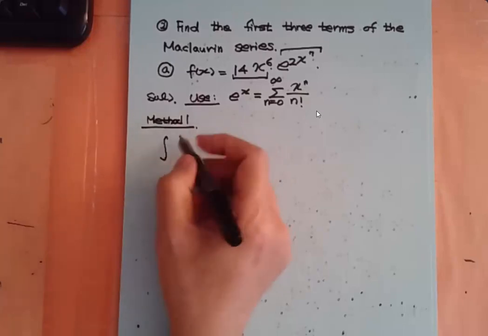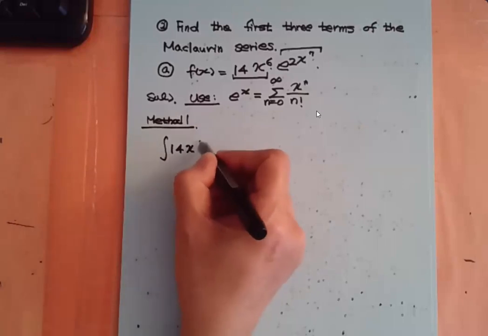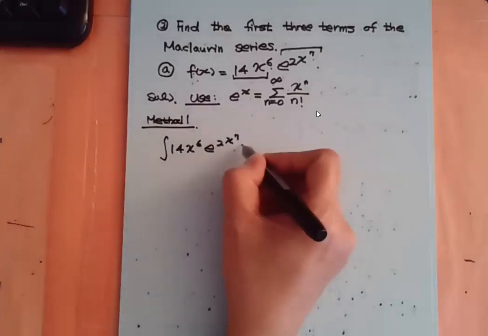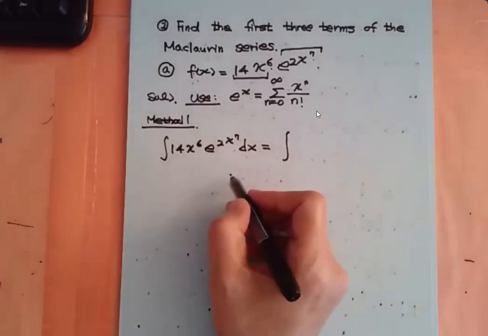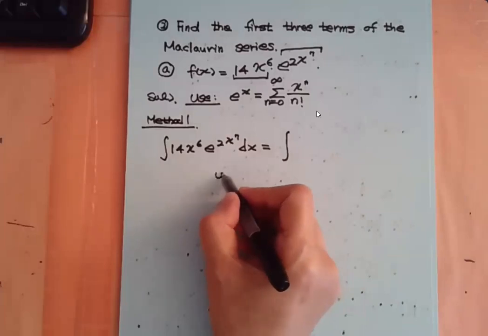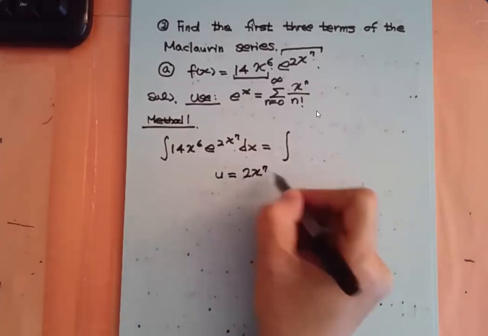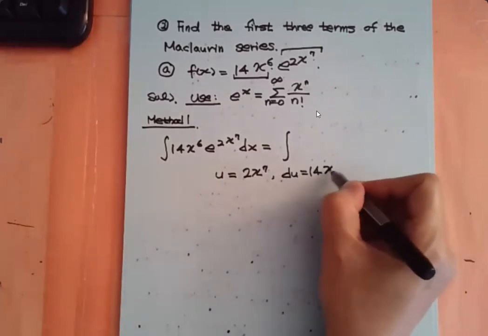We just integrate it first: the integral of 14x^6 e^(2x^7) dx. We think about the substitution method. So u equals 2x^7 and du equals 14x^6 dx.